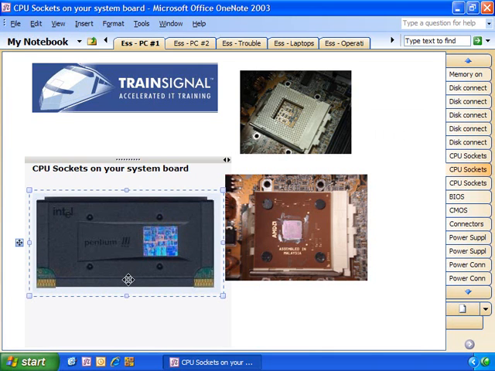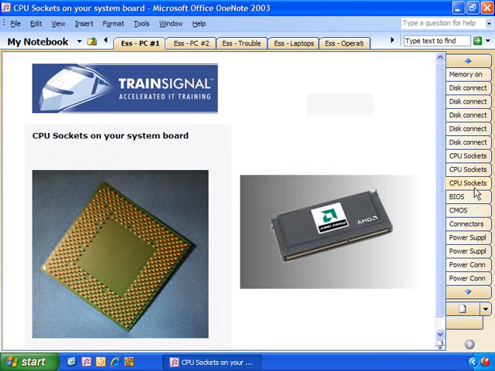This is an Intel Pentium 3 CPU that would go into a CPU slot. This is an AMD CPU that would go into an AMD CPU slot on the motherboard. And then here, this is the backside of that AMD processor that went into that processor socket.